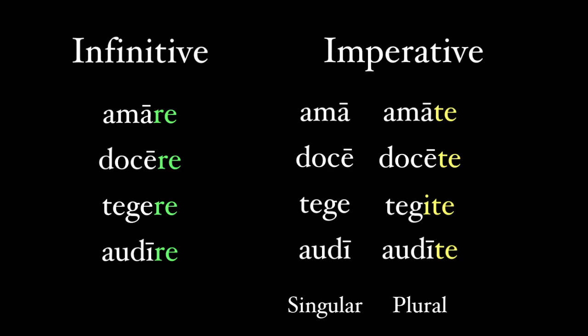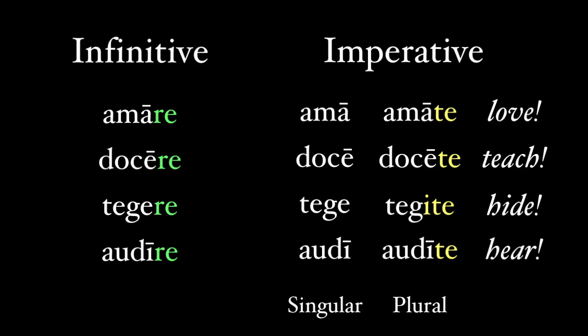Our English translation isn't going to be different from the singular or plural, since English has just one imperative. And because commands tend to be exclamations, you don't hear too many gentle orders, it's customary to put an exclamation mark after our English word.